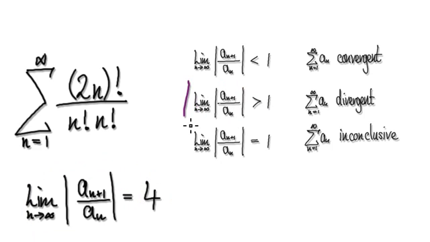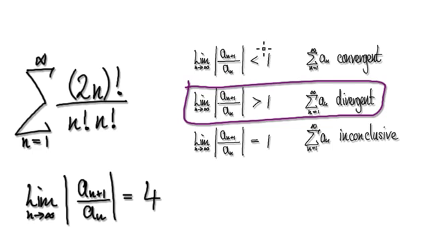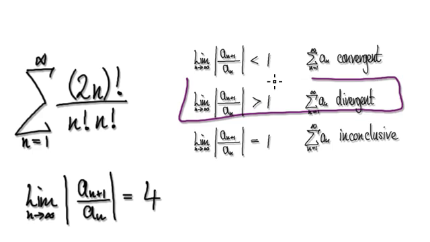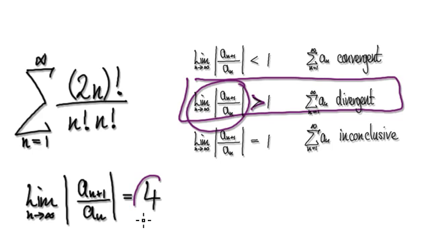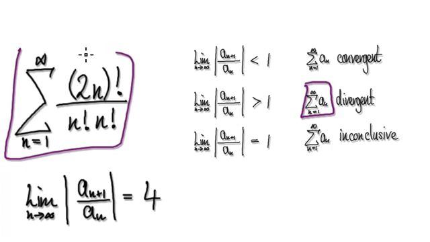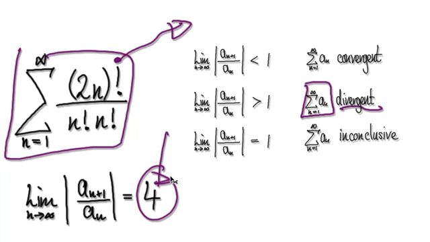So our value here is not less than 1, so this is out. It is not equal to 1, so this is out. The only thing that matters to us is this: our value is greater than 1. So it tells us that the original series will diverge, just because this number is bigger than 1.